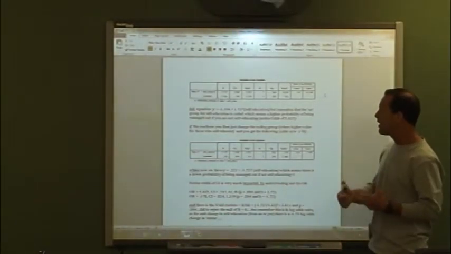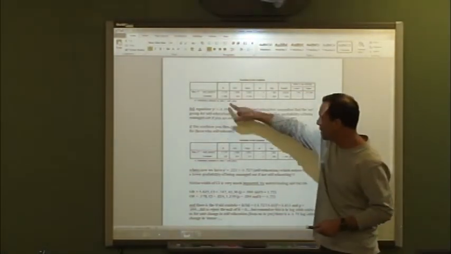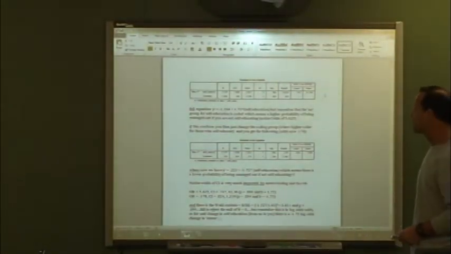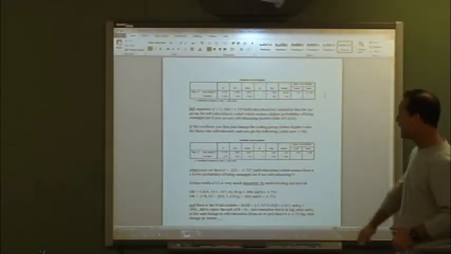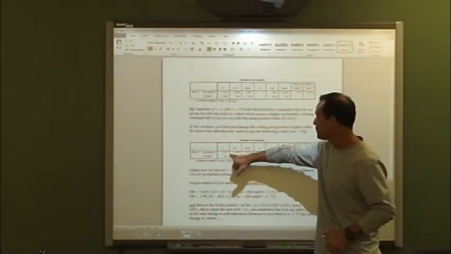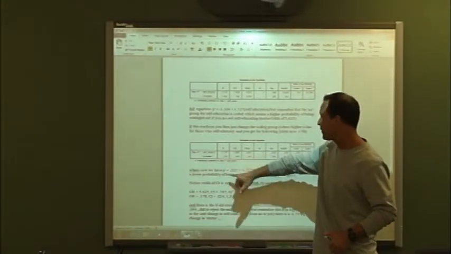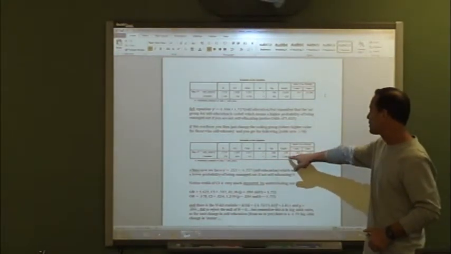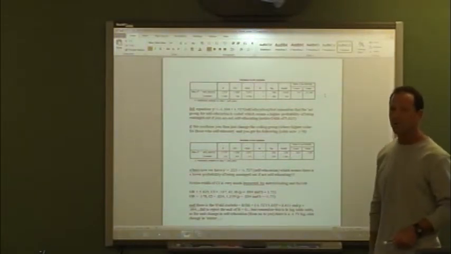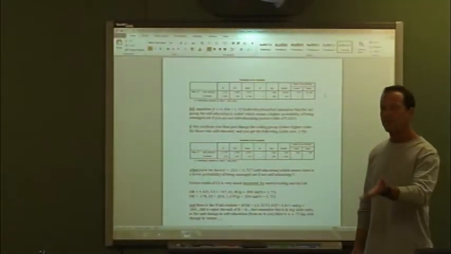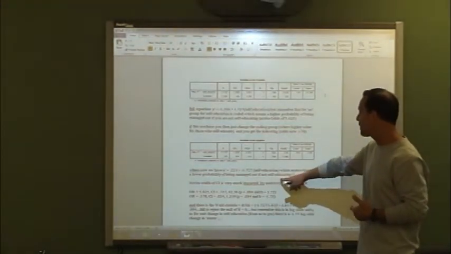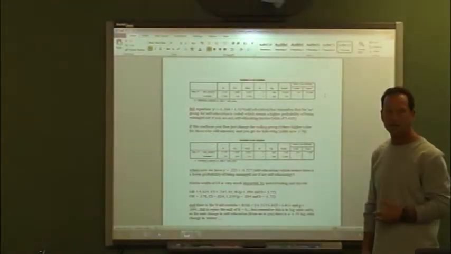Now again, if this confuses you, you can just change the coding. Right? You could just change the coding of the group. And now you get negative 1.727, 0.223 is the intercept, and the odds now is 0.178. What does that mean? That means, again, the way to think about it, there's a lower probability of being managed out if you're self-educated. Right?